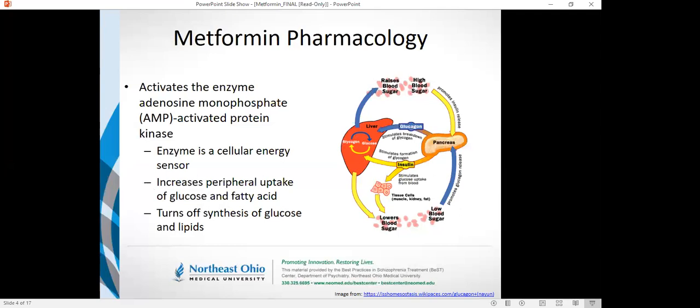Interestingly, because it blocks the enzymes that create glucose, those enzymes also may be involved in the processing of lactic acid. So by blocking those enzymes, it shuts off all of their functions. And that may be one of the reasons why patients who are on this are at potentially increased risk of having elevated lactic acid levels. So we'll talk about that a little bit more also.